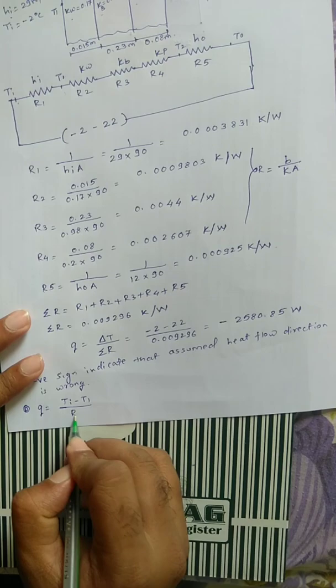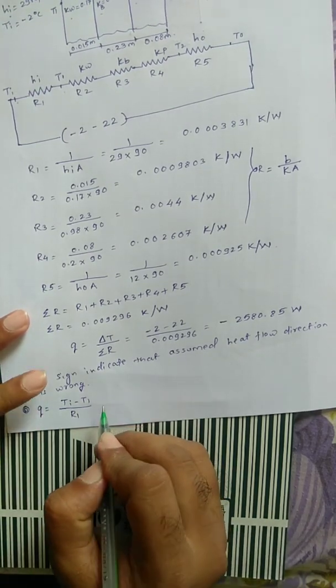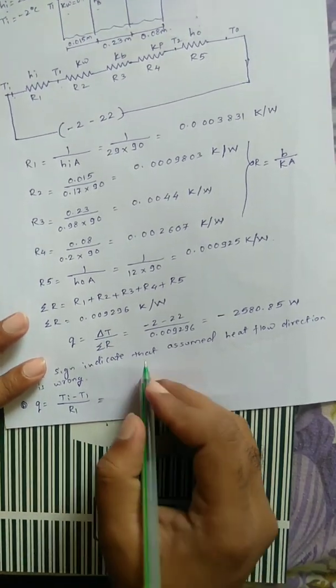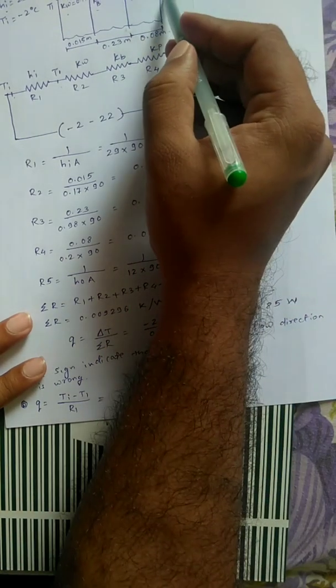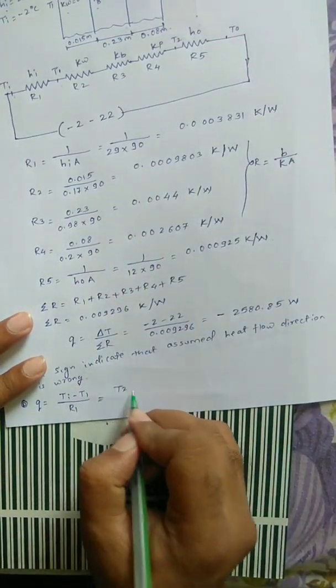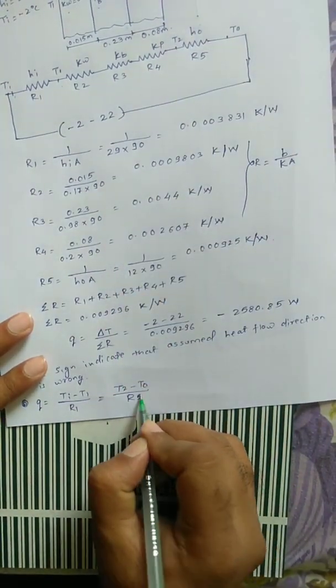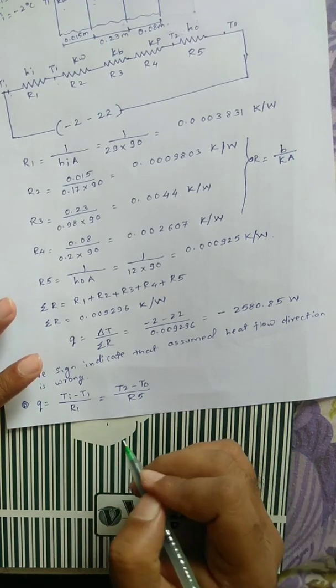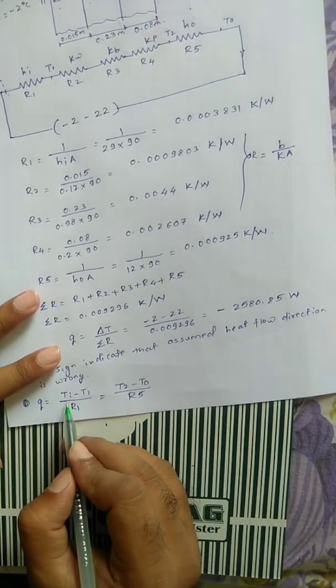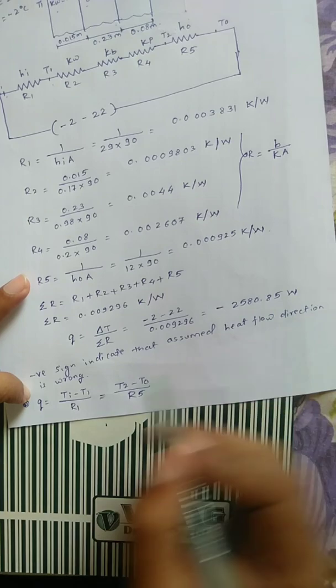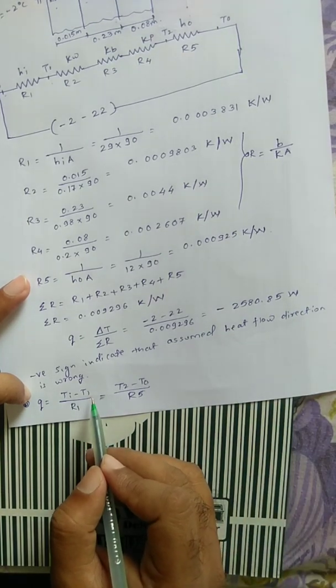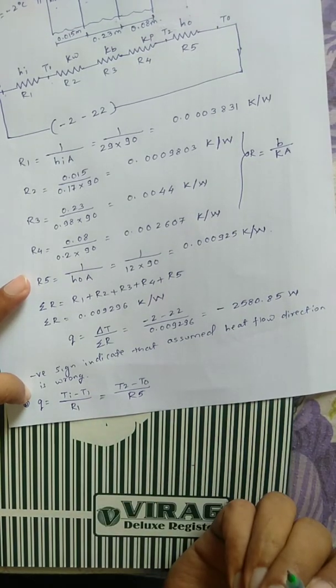There is only one resistance, R1, which will be equal to T2 minus To divided by how many resistances? Only one resistance, that is R5.